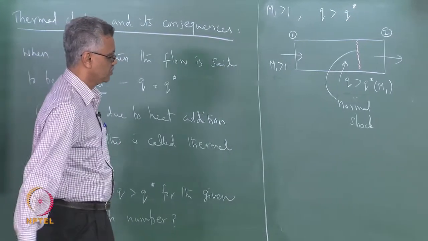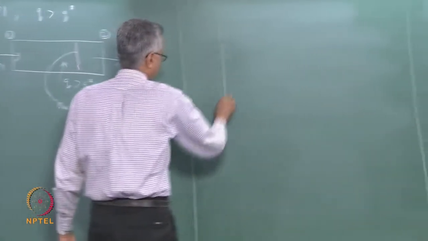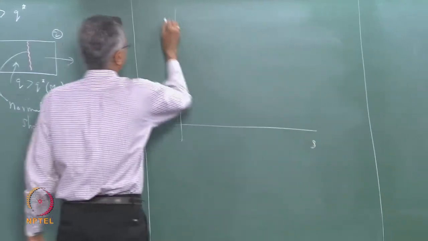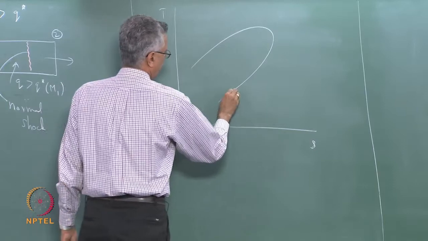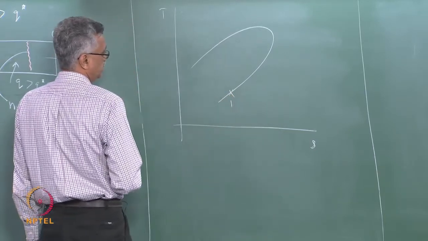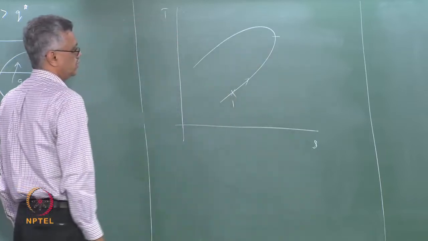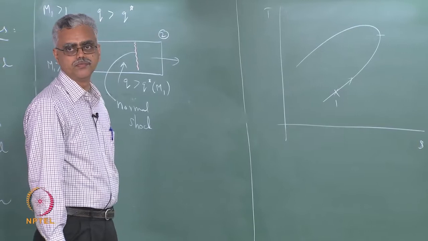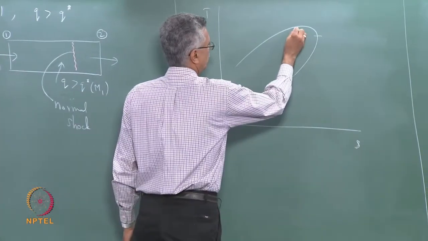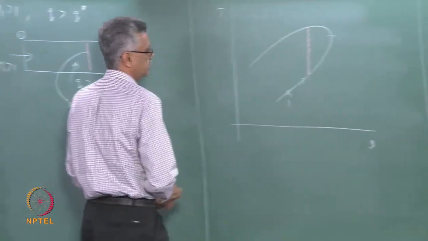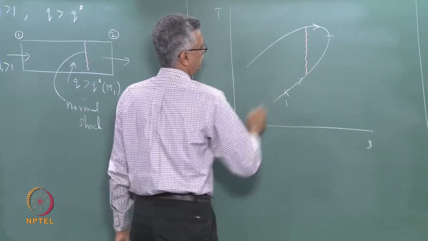If I show this process on a TS diagram, it will look something like this. We are operating in the supersonic branch of the curve and we are adding heat which is more than the Q star corresponding to state 1. So, we add heat up to a certain point and then we have a normal shock which appears like this, and then we switch to this part of the curve.